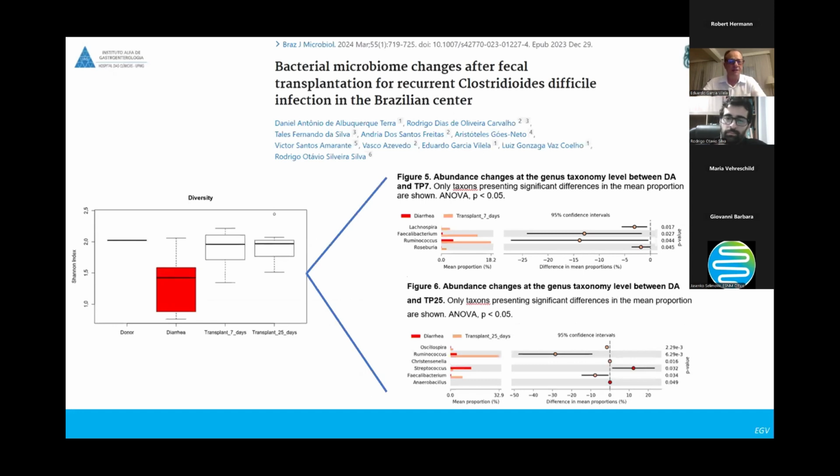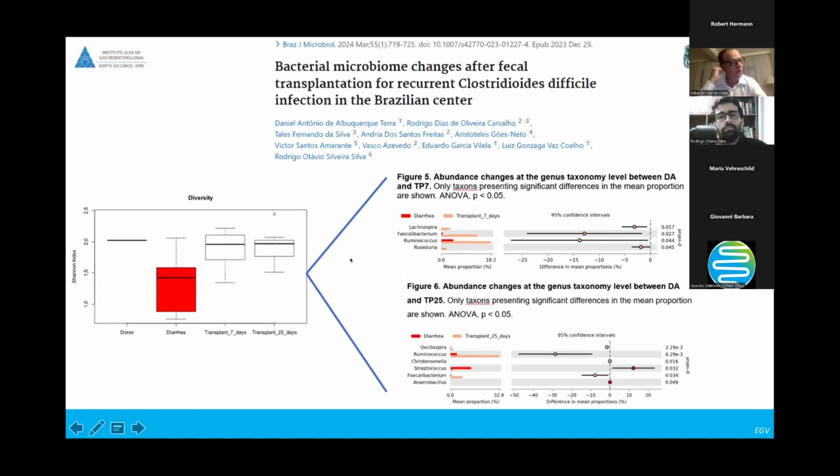In Brazil, we have some experience in our center with transplantation too, and there is this study that showed what happens with the microbiota. As you see here, there is a reduced diversity in patients with CDI, and this diversity was recovered until day 27, then day 25, as the last observation of the patients.